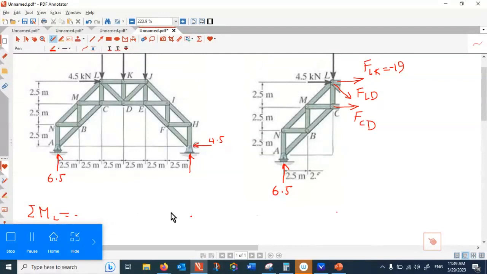So that's a very convenient point. And then FCD makes a positive rotation.